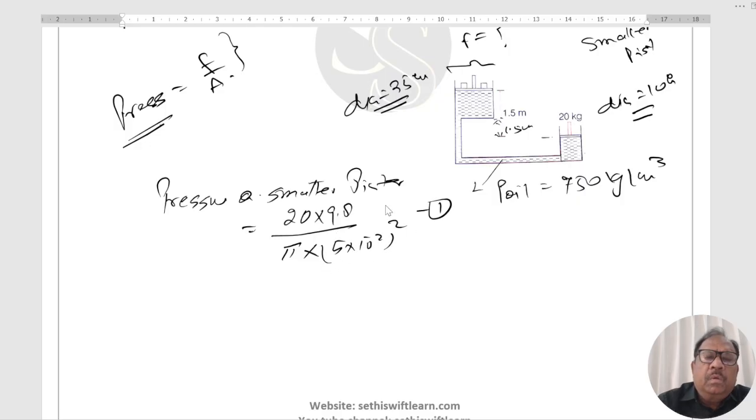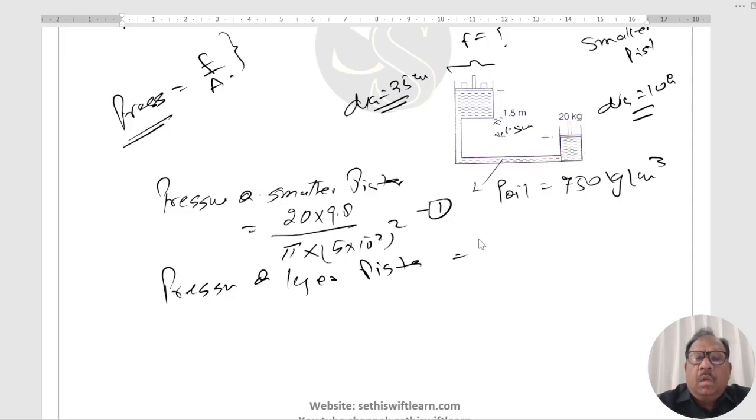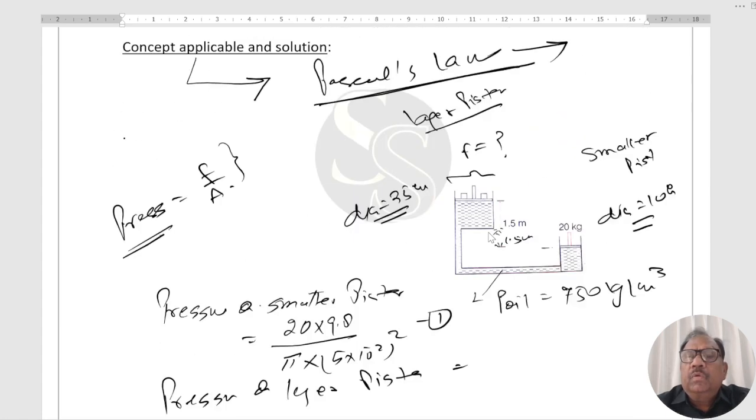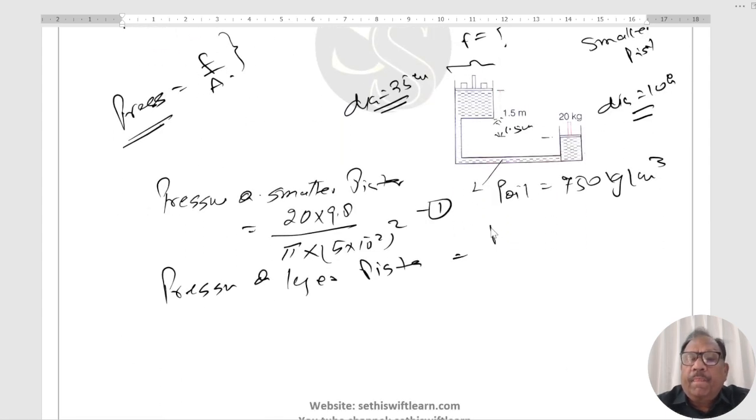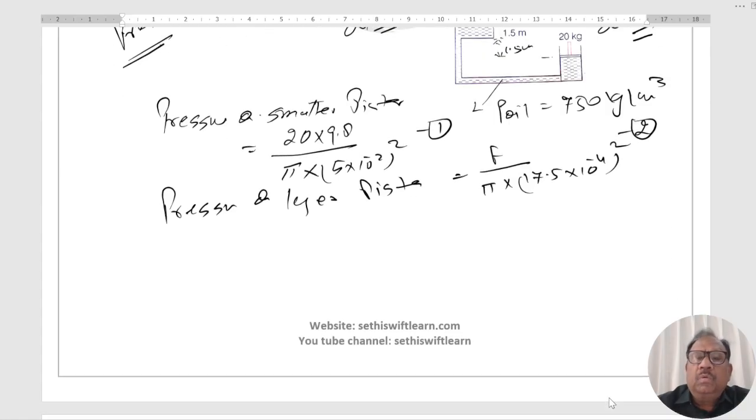This is equation 1. The pressure on the larger piston will be equal to force upon area. Force upon area is F upon pi into 17.5 into 10 to the power minus 2 whole square, right? This is equation 2.